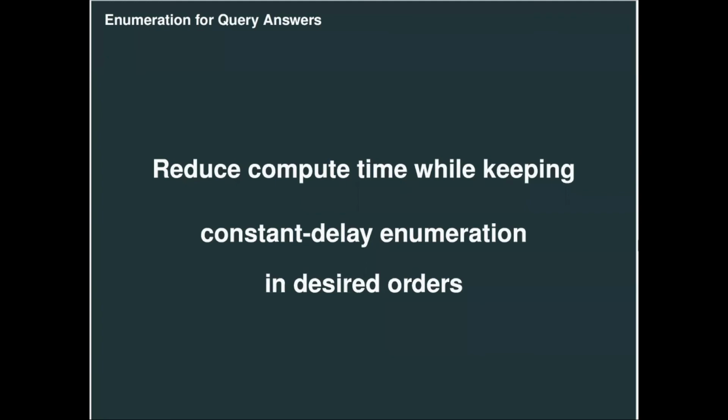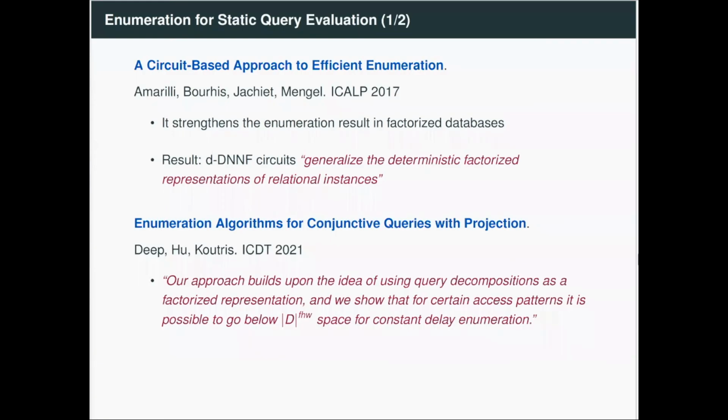A second area where factorizations are used is the enumeration of query answers, where the enumeration can now be in a desired order or used for ranking. Furthermore, it has been investigated in both the static and dynamic query evaluation setting. So in ICDT 2017, Amarilli et al. strengthened the enumeration result in factorized databases to more general circuits called deterministic decomposable negation normal form circuits, which are used extensively in an area of AI called knowledge compilation.